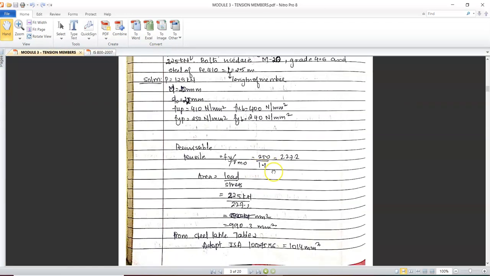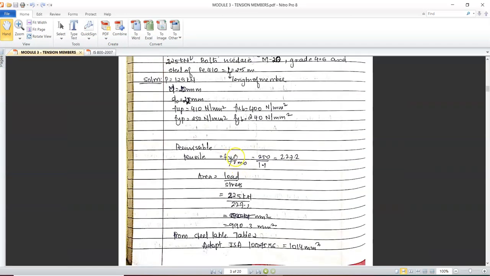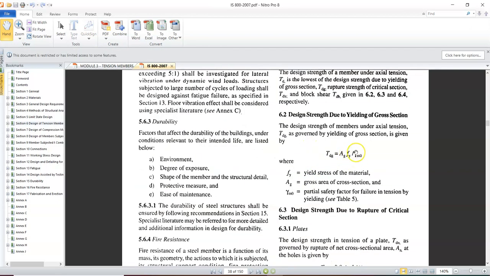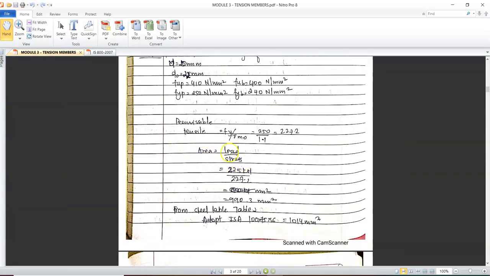When you look at the problem, the permissible tensile stress is calculated as Fy by gamma m naught. Fy for the plate is 250, gamma m naught is 1.1, which works out as 227.2 Newton per square mm. Once we know this stress, the required area will be load divided by permissible tensile stress.